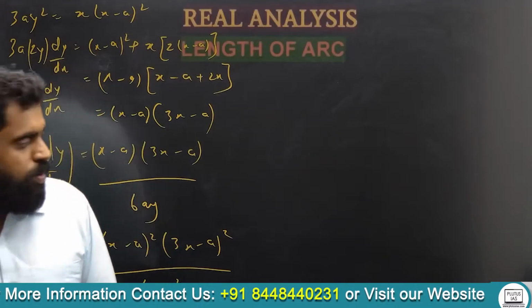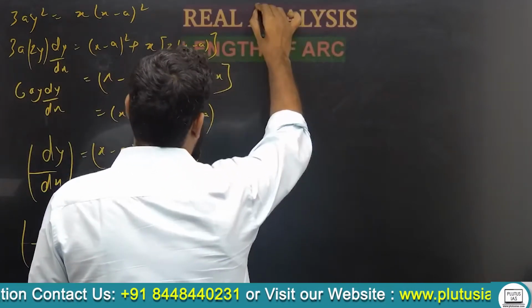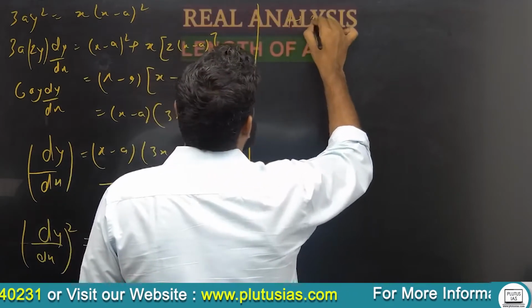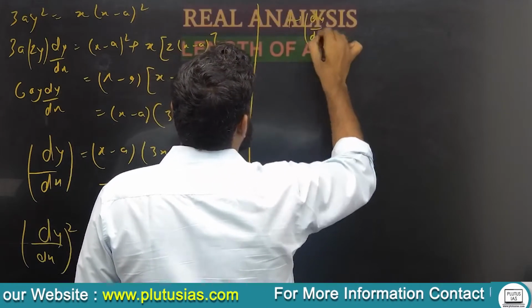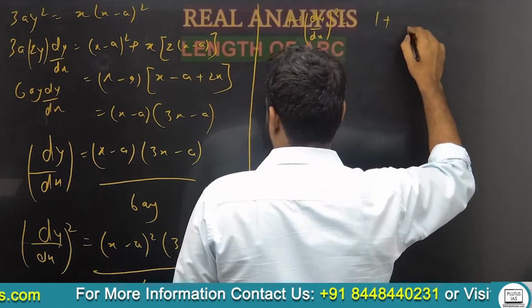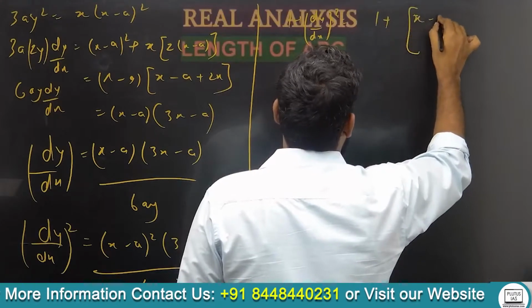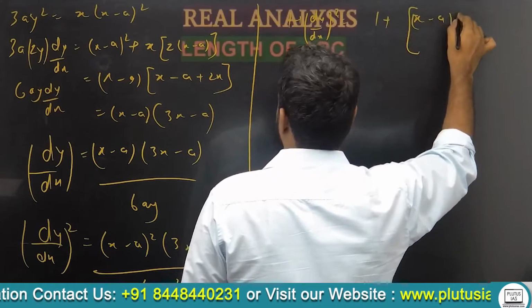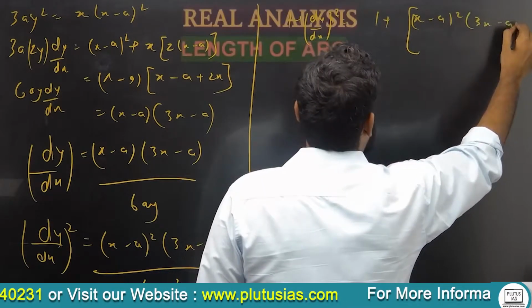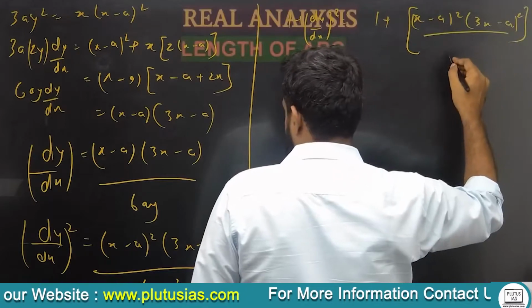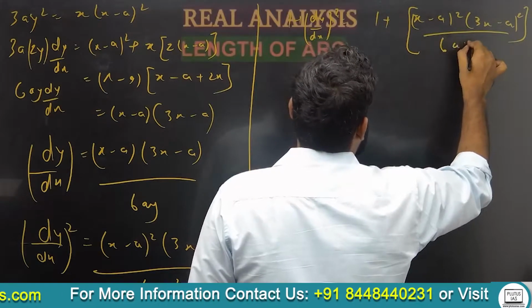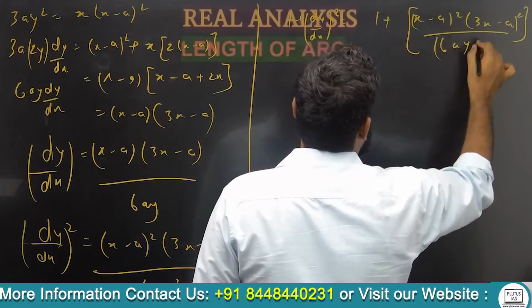So we have (6ay) whole square. Now we have to find 1 plus dy by dx whole square, that is 1 plus (x minus a) whole square (3x minus a) whole square upon (6ay) whole square.